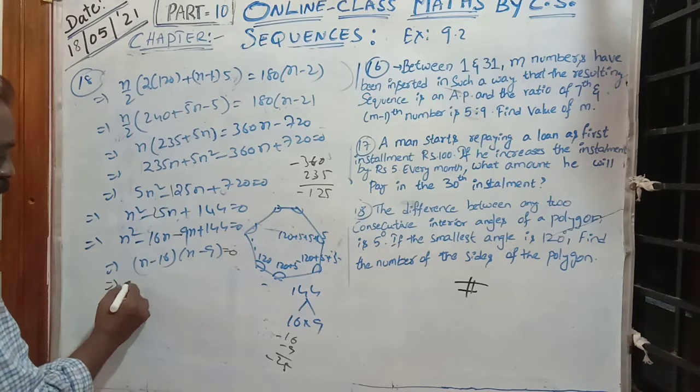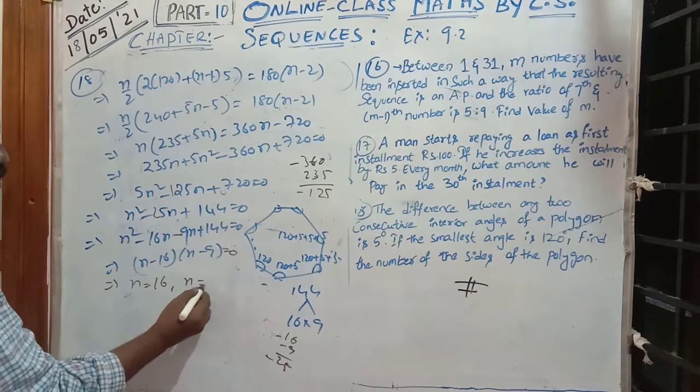It is n minus 16 of n minus 9, so now you see n is equal to 16 or n is equal to 9.